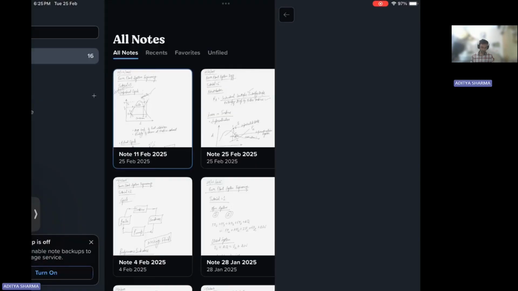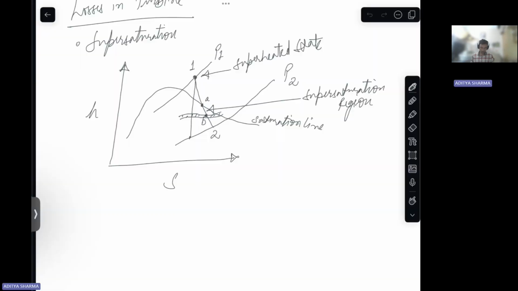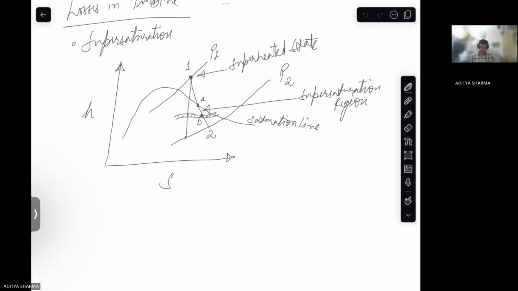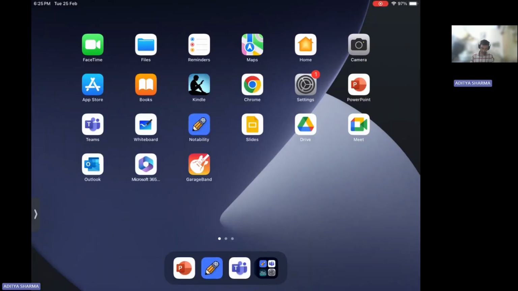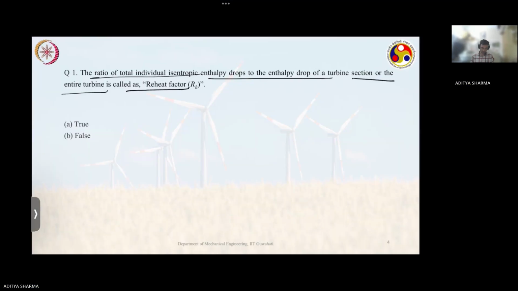All right. So this was your question number 1. Okay. So this statement is correct. Okay. So this is the definition of your reheat factor.